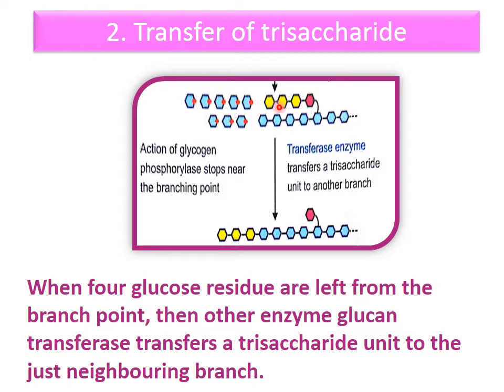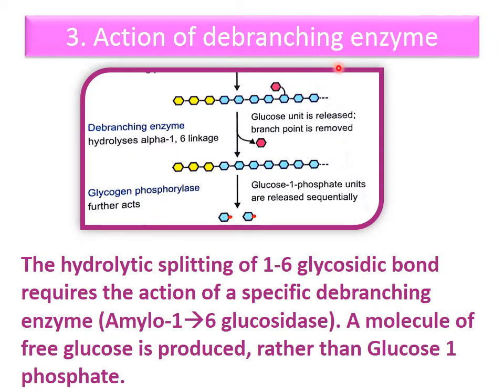You can see these yellow trisaccharides transferred from this branch to the next neighboring branch, in the presence of the enzyme glucan transferase. The third step is the action of the debranching enzyme, which removes the 1,6 bond at the branch point and removes the glucose in the form of free glucose.